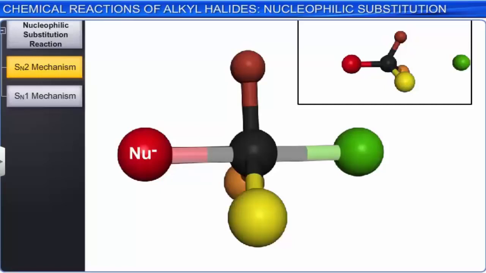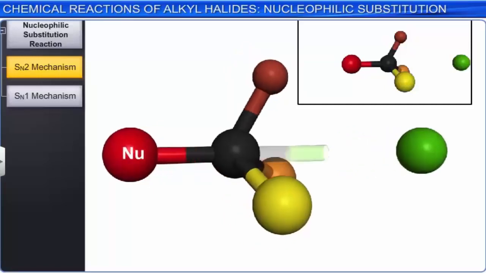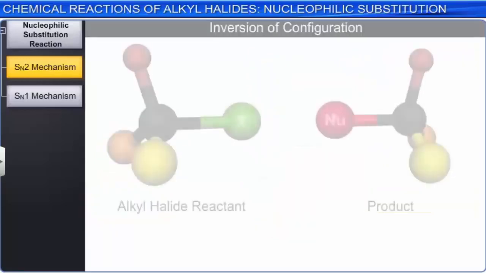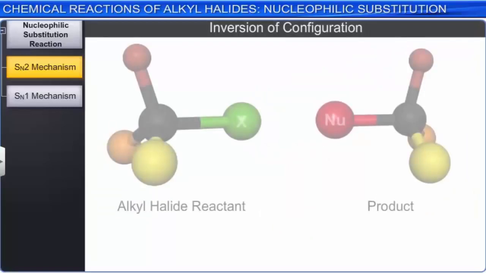Since the carbon atom is bonded to 5 atoms, the transition state is unstable and hence cannot be isolated. As the bond between the nucleophile and the carbon atom forms, the bond between the carbon and the leaving group weakens. The nucleophile essentially pushes the leaving group off the carbon atom. There is only one type of product in an SN2 reaction.